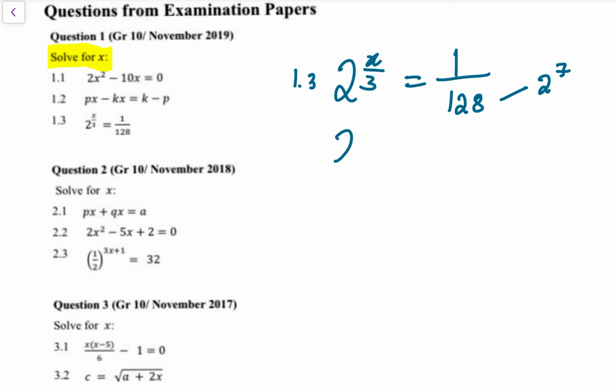So now we have 2 to the exponent x over 3 is equal to, now 1 over 128, it will be 2 to the exponent negative 7. Now we can see that the bases are the same. So if the bases are the same, that means exponents are equal. So we are going to have x over 3 is equal to negative 7.